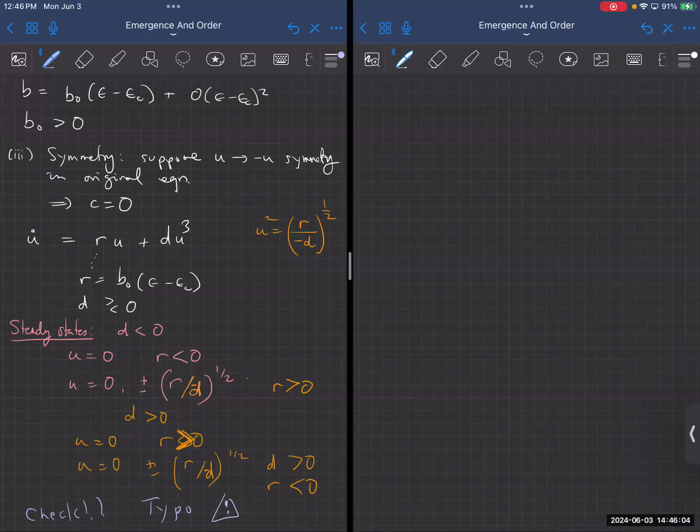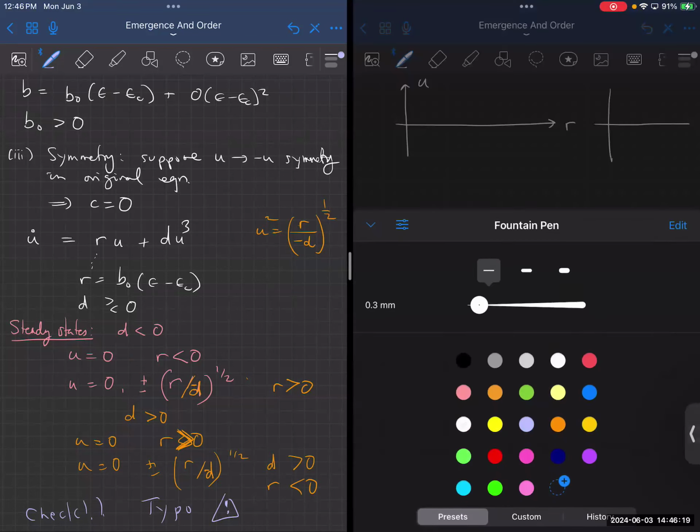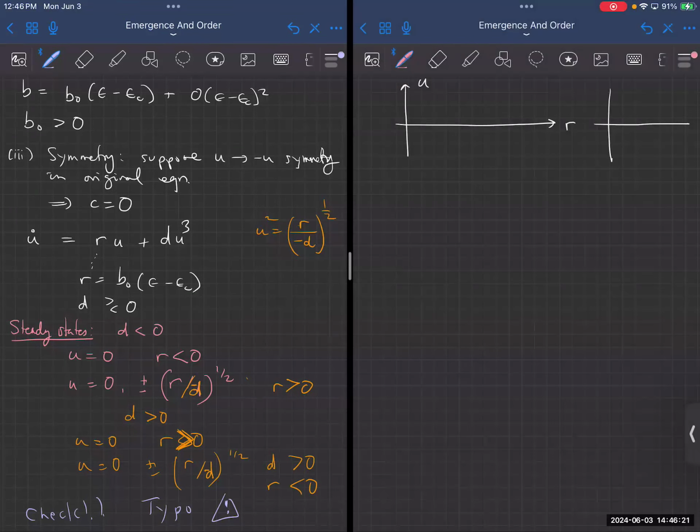Okay, so anyway, what's important is what the graph looks like. So here is my control parameter R, here is U, and these are two different cases. I didn't explain this very well. Let's just look at this case though.